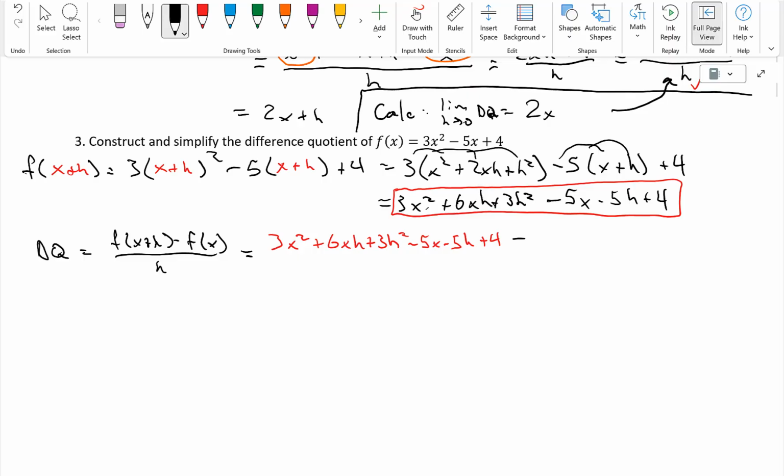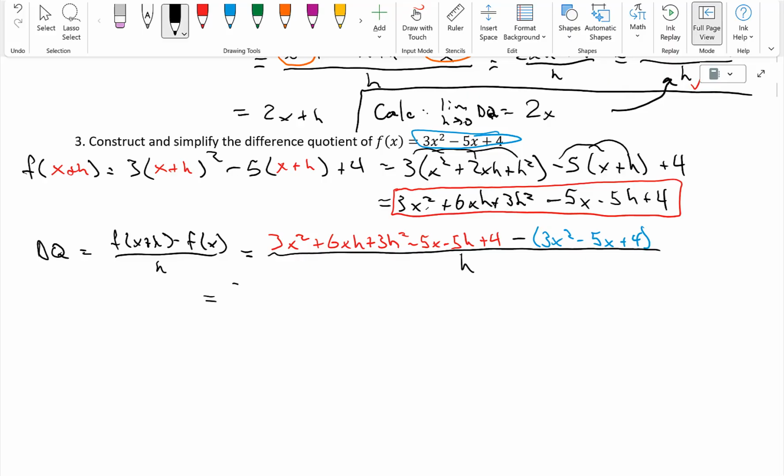And we're going to subtract off our original function. f of x was 3x squared minus 5x plus 4. So when we do that distribution, we want to keep those parentheses, and then all over h.